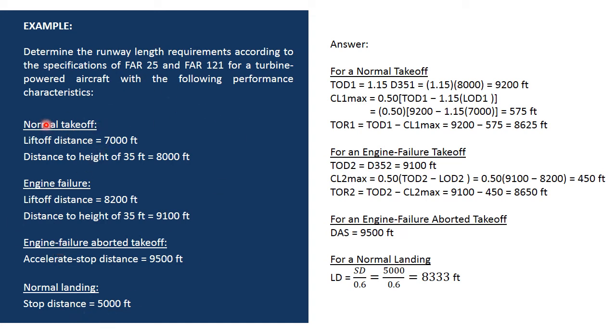For normal takeoff, the lift-off distance is 7,000 feet and the distance to a height of 35 feet is 8,000 feet. For engine failure, the lift-off distance is 8,200 feet and the distance to a height of 35 feet is 9,100 feet.